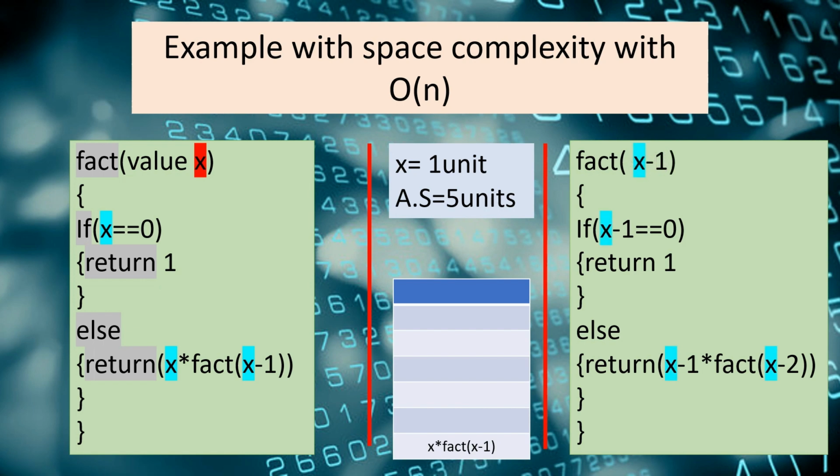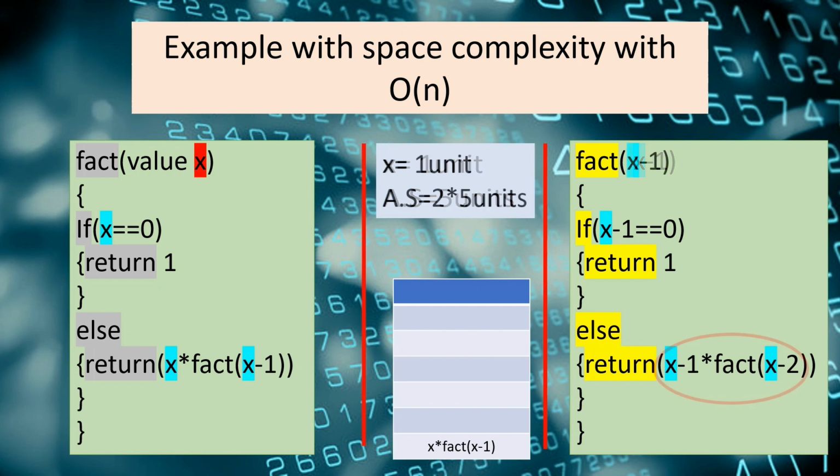But auxiliary space is still required, so we have to allocate the auxiliary space. So now the auxiliary space equals 2 into 5 units. Now factorial of x minus 2 would be called recursively, and the value of x minus 1 into factorial of x minus 2 would be stored in that stack.